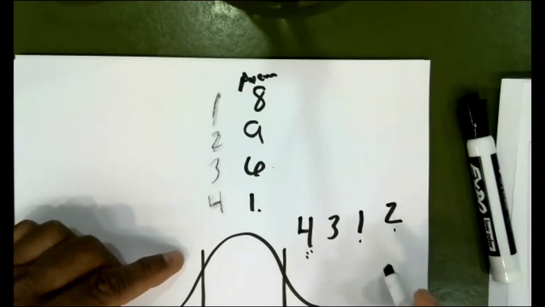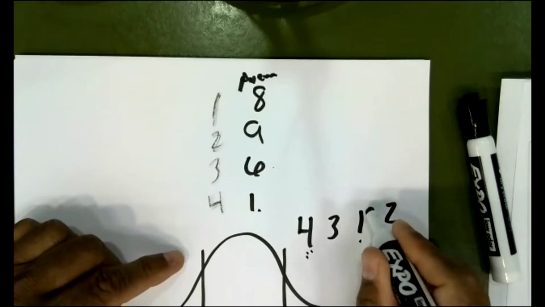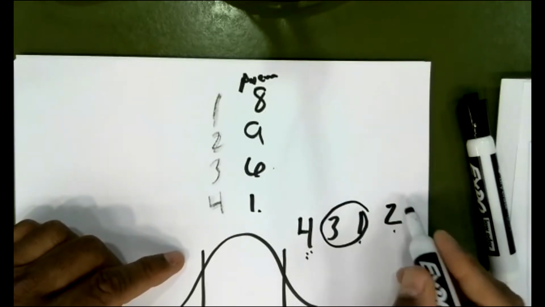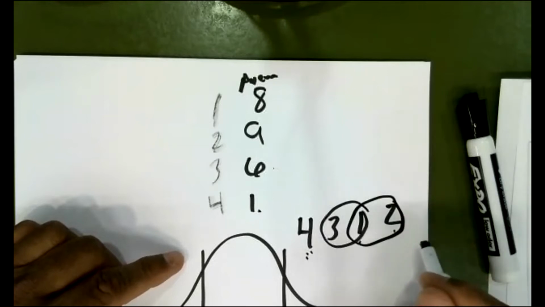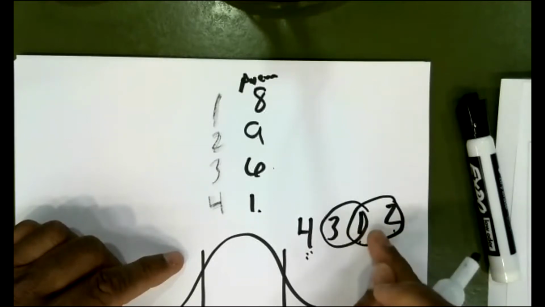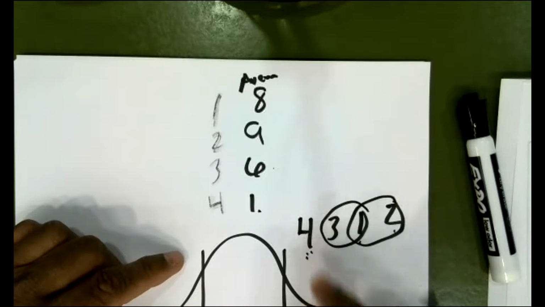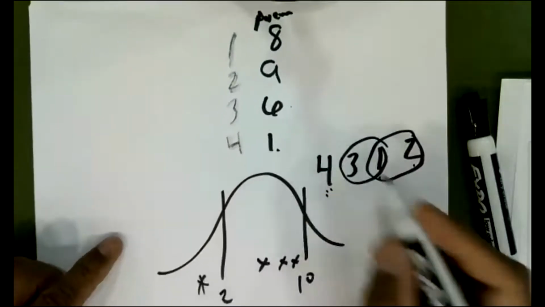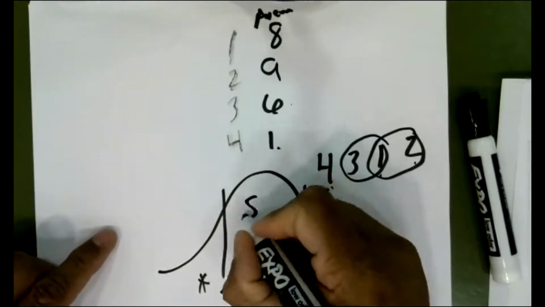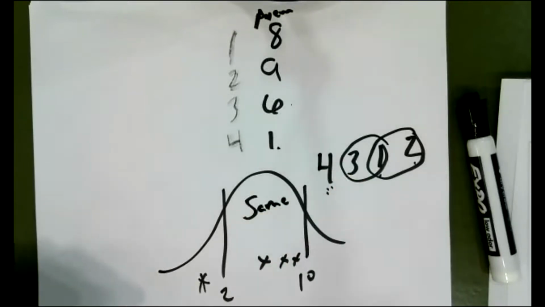And if I look at them, 3 and 1 are the same, and 2 and 1 are the same. Those are literally the same. If we notice, they're in the confidence interval, and anything in the confidence interval is considered the same. That's what the Tukey-Kramer allows us to see: which one of them is different.